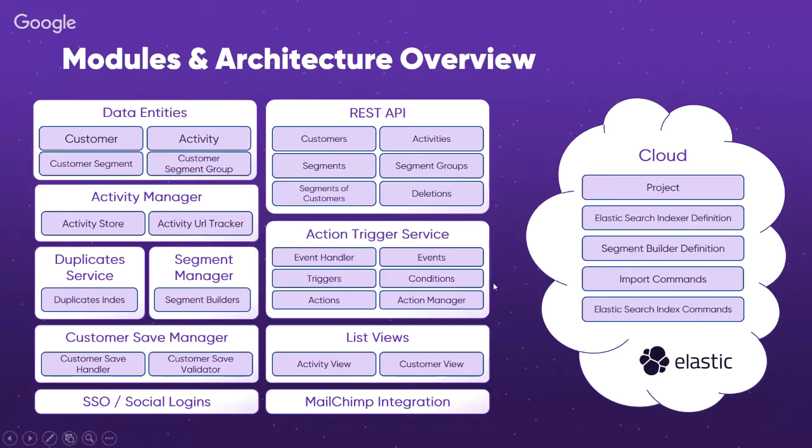And we have had a look at the MailChimp integration, where we transferred the customer data and the template data to MailChimp and used it there for campaigns. In addition to that, we have also integrated a REST API for importing and exporting customer data.